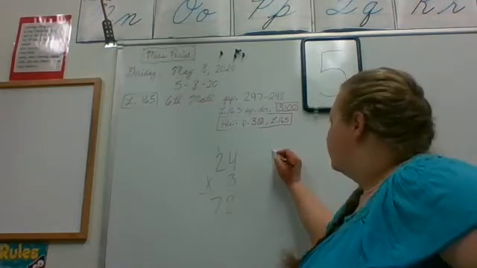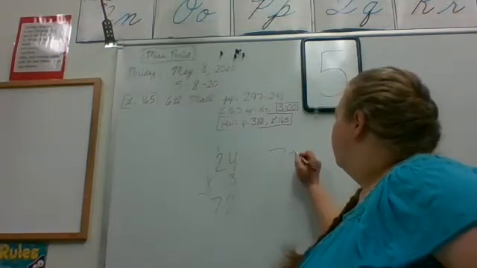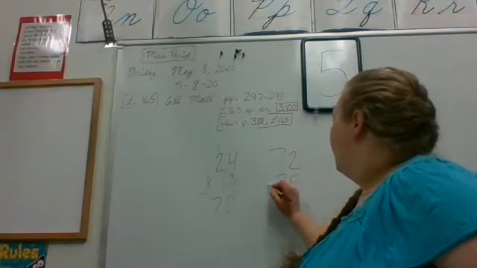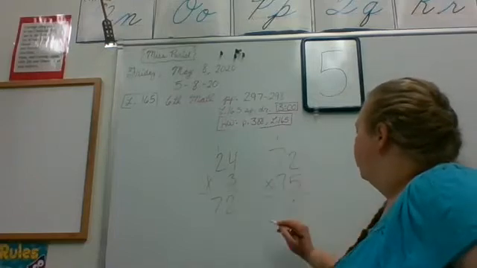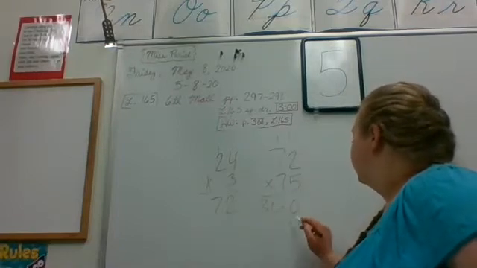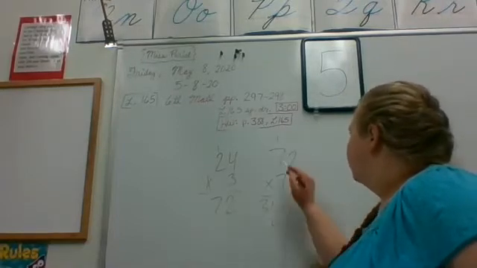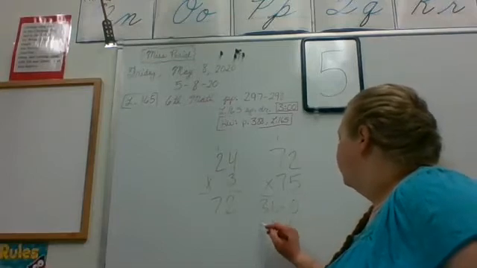So we're going to multiply 72 times 75. Okay? Carry the 1, 36, the 0, 14, carry the 1, 50.